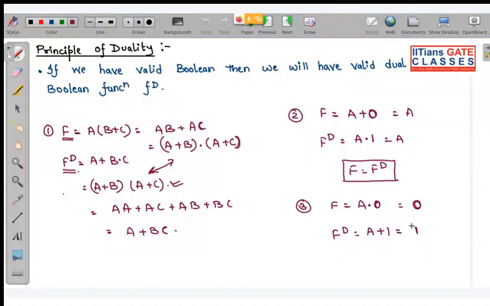A dot 0. So this was 0 actually. So a plus 1. So why am I getting 1 over here? If this is 1, so this should also have been 1. This is just a different way of representation.